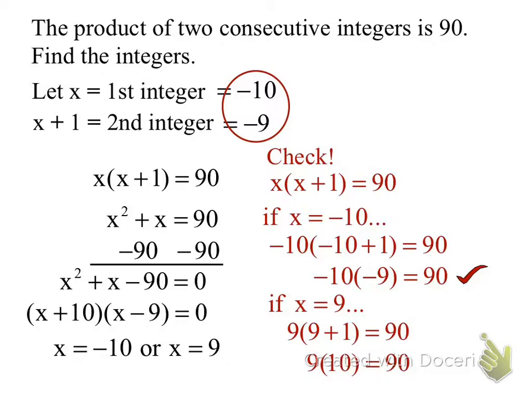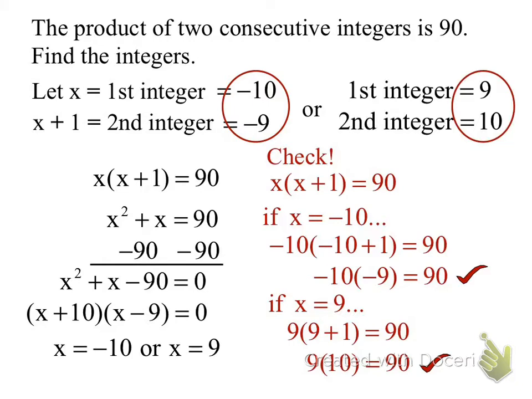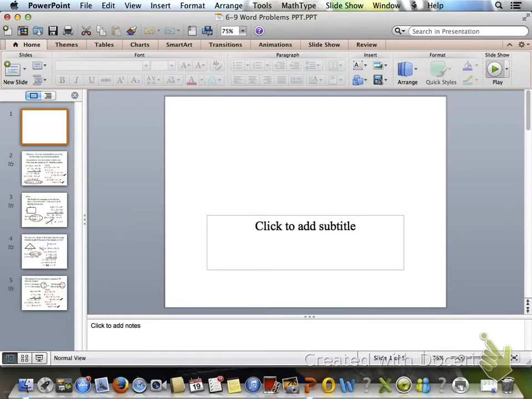Because if the first integer is negative 10, then when I substitute negative 10 in here, I end up with negative 9. But if my first integer is that other term, 9, then my next integer is going to be what? So there's 4 answers here. Questions? And that's the end.